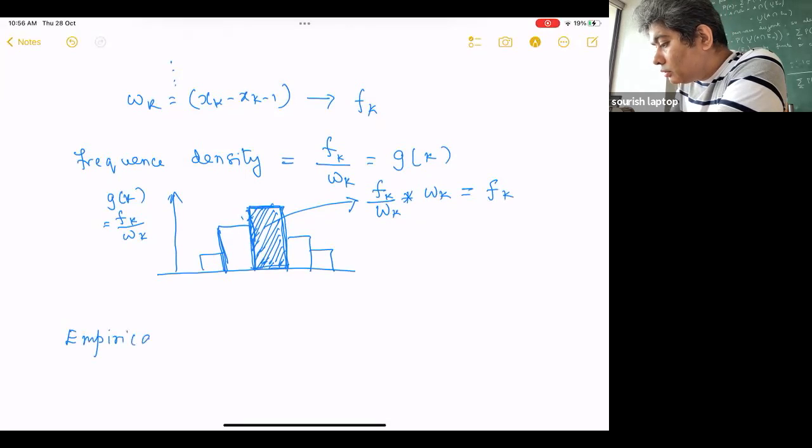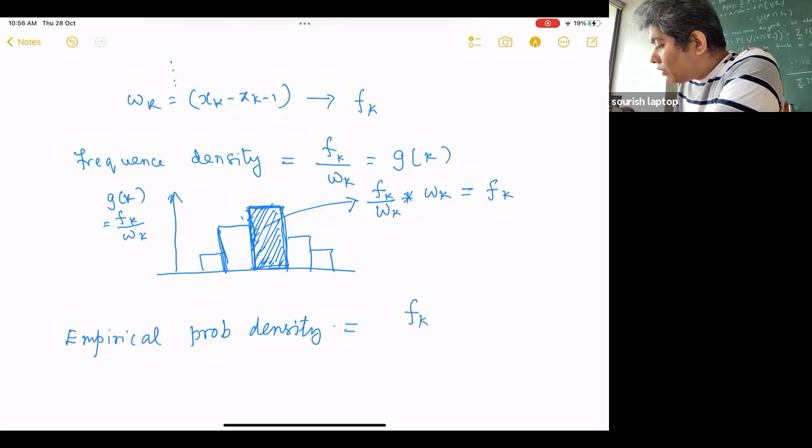Empirical probability density is fk divided by n times Wk. Now what is n? n is the total number of samples.